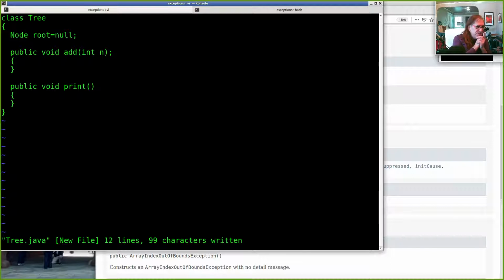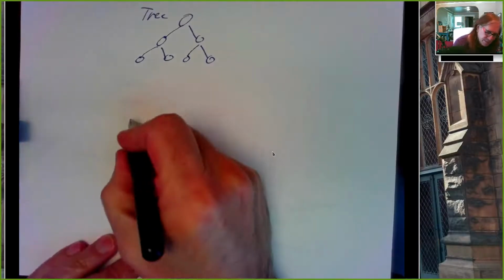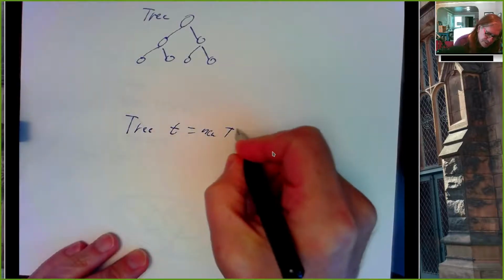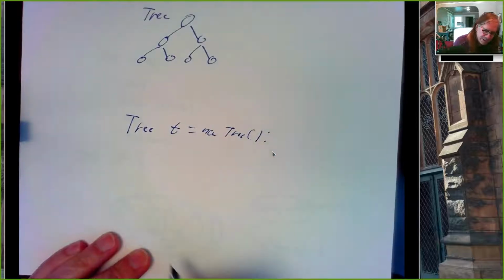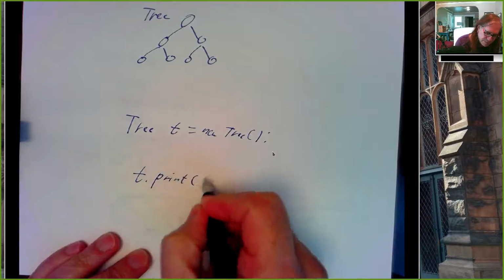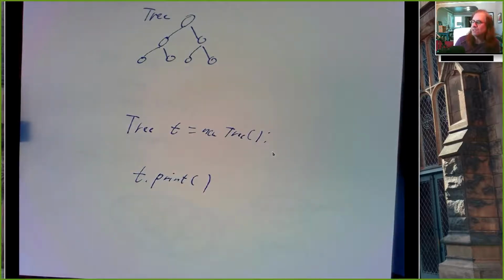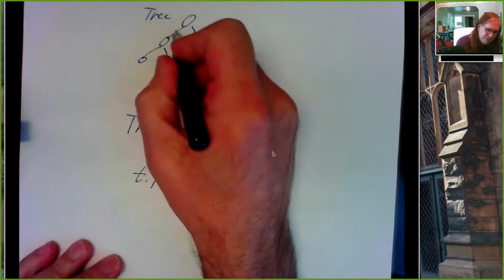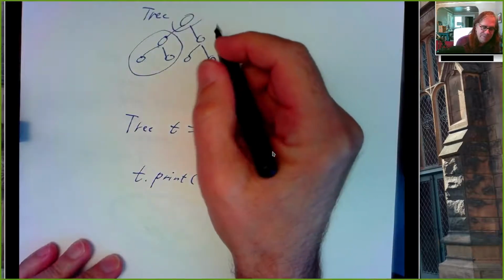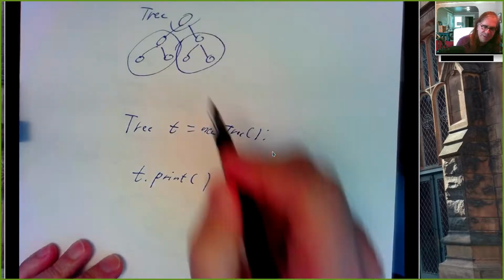What's going to be interesting here is when we try to do the recursion, right? So suppose we're saying tree T, and we construct it, and we've added some stuff, and let's just think about t.print. Okay, what's the recursive way that we print a tree? We recursively print the left subtree, we print out the data value from the root node, and then we recursively print the right subtree.